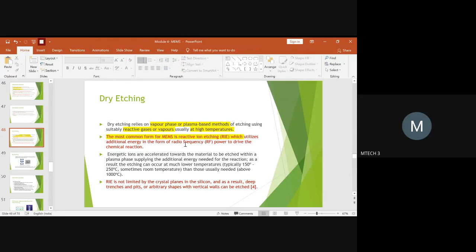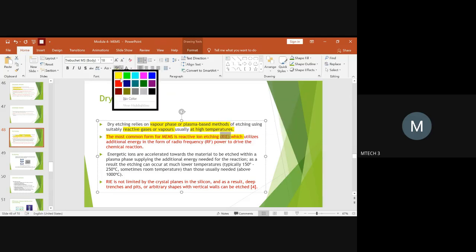The most common type of plasma based method used in MEMS devices is RIE. What do you mean by RIE? It is commonly called reactive ion etching.